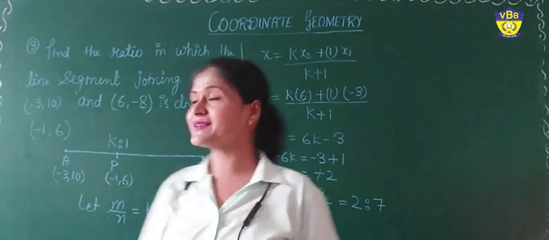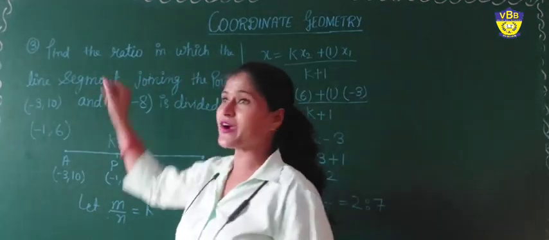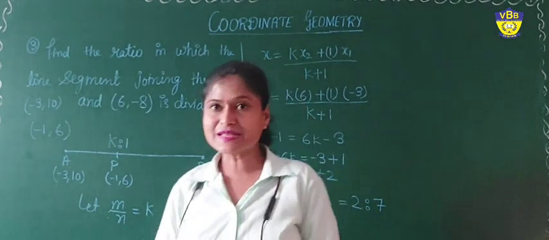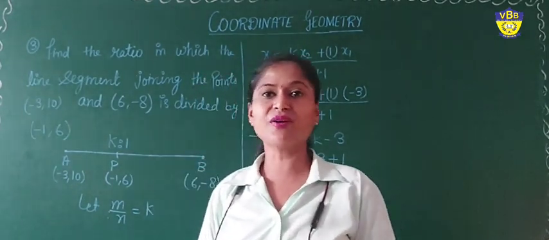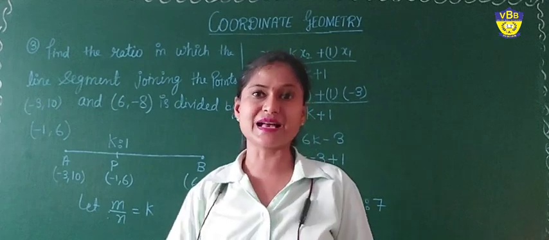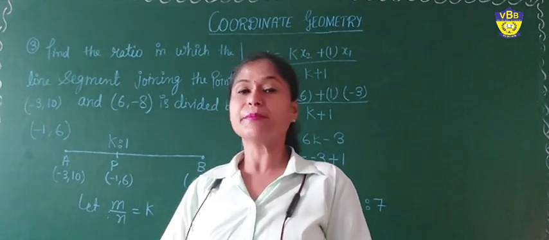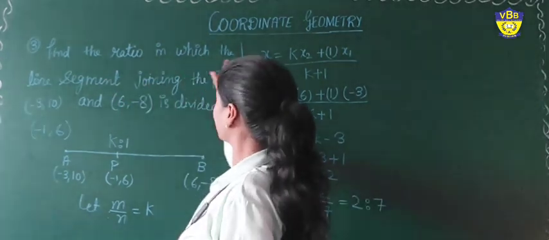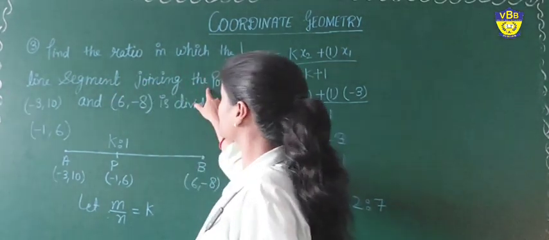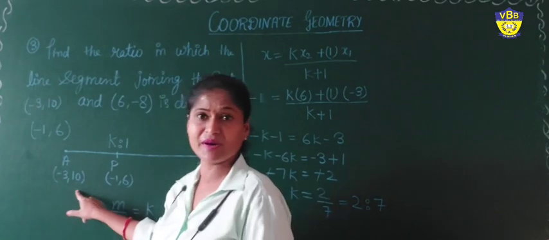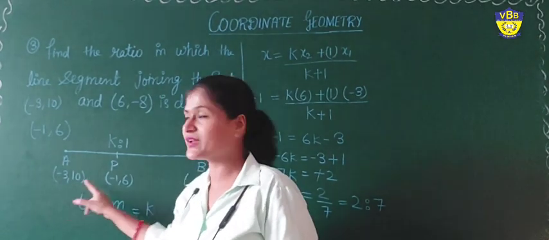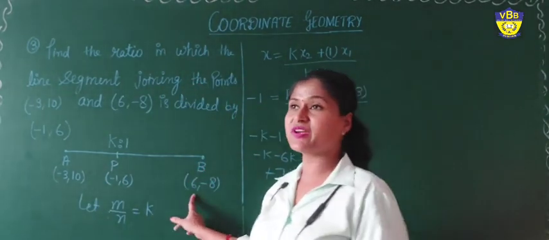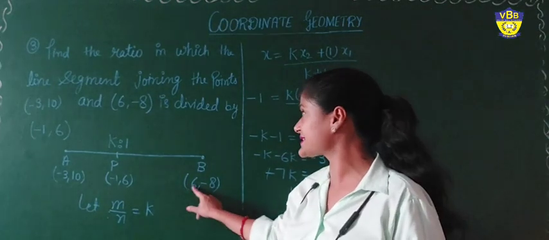In this question you need to find the ratio. Till this question we were given all the ratios. All the time the question asked for the coordinates, but this time it asks for the ratio. The line segment joins the points minus 3 comma 10, which is the A coordinate, and the last endpoint, 6 comma minus 8.